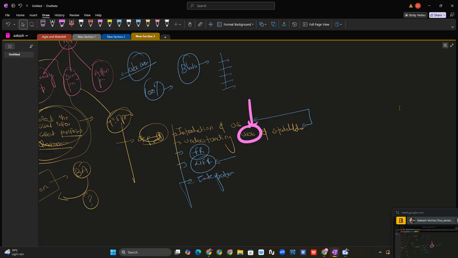Like Google Maps integration for tracking the orders, for tracking the captain. Need SSO login integration. And how will this integration take place? With the help of APIs, application programming interface. So we will discuss the API later.